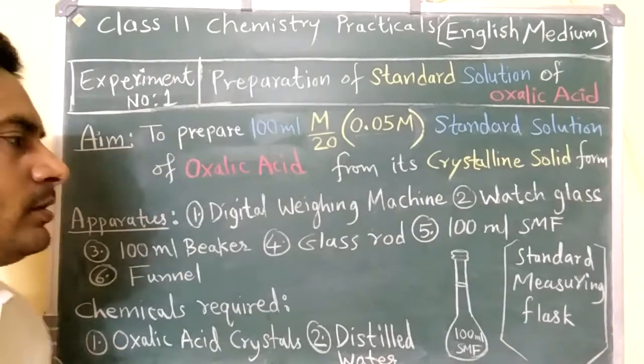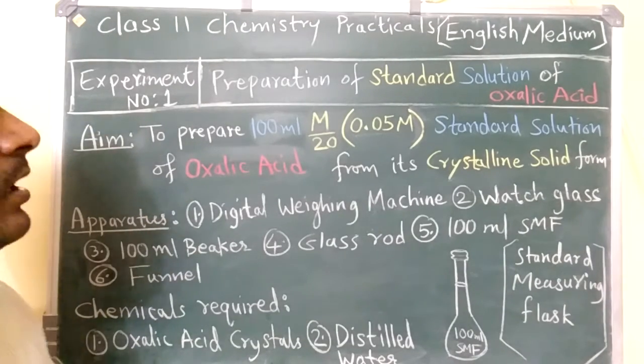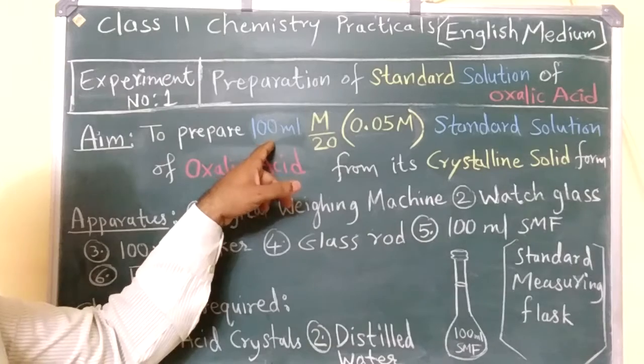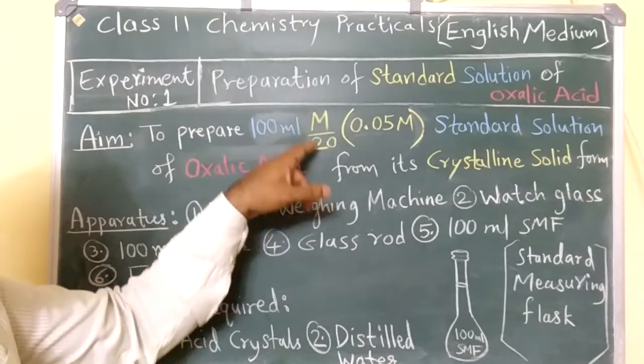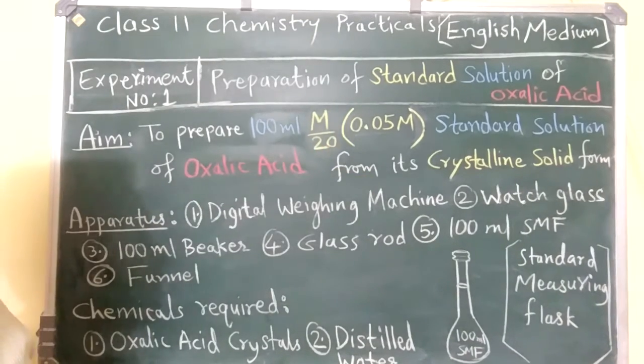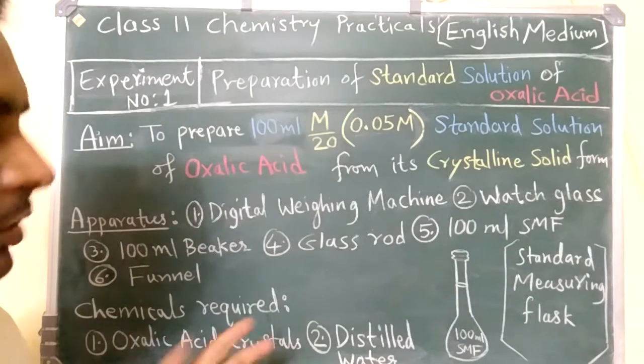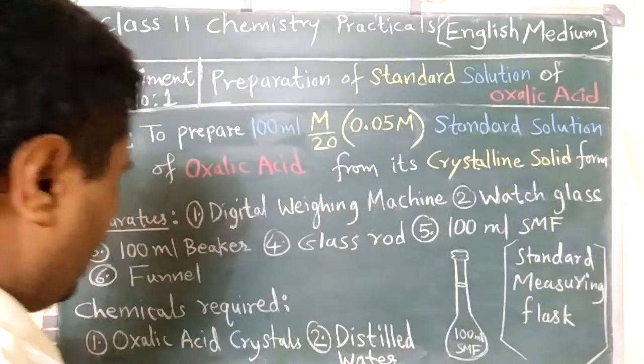Now students, what is the theory behind this? Okay, how are we able to prepare 100 ml volume with the concentration 0.05 molar, that is M by 20 concentration? So what is the theory behind that? I am going to explain to you.